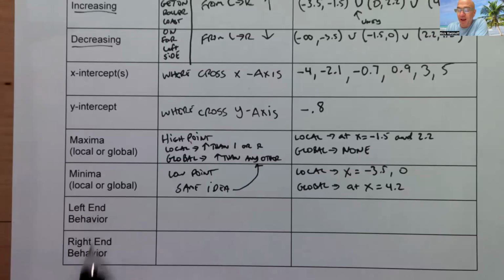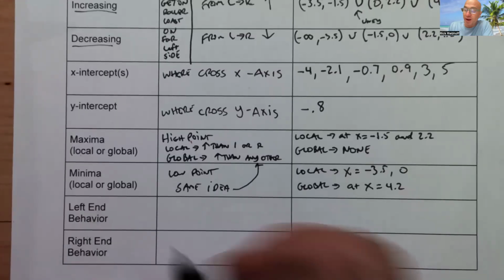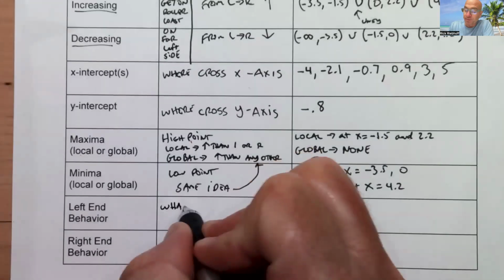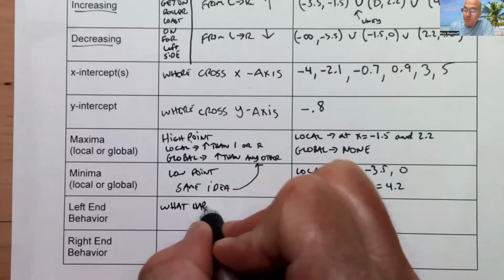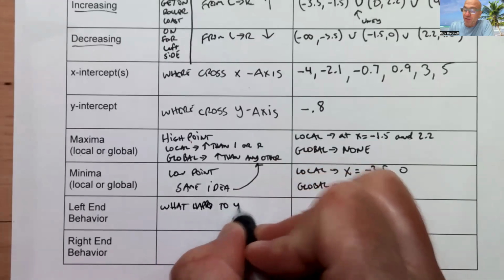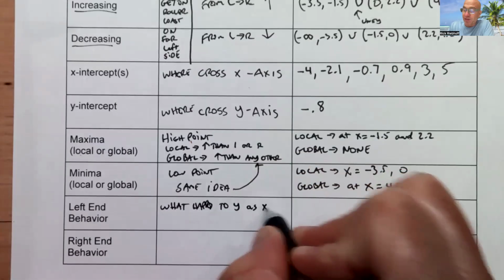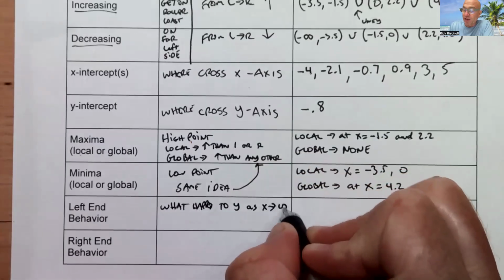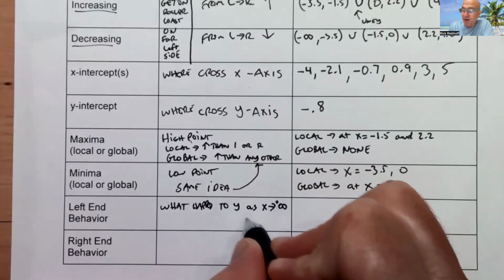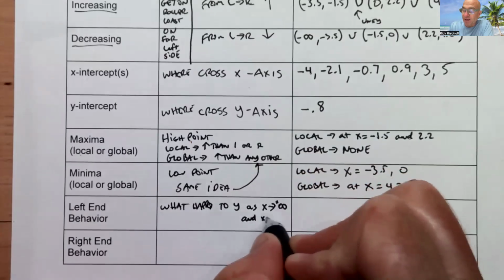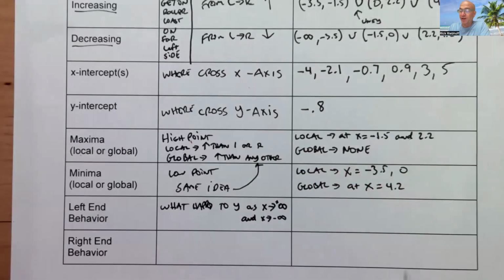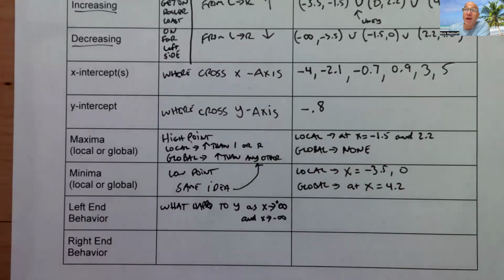All right, last thing to do here. We're going to talk about left end behavior and right end behavior. What happens to our y values as x goes towards positive infinity, and as x goes towards negative infinity? So what happens when we go way to the left? What happens to the y values as we go to the right, as the x values get bigger and bigger?